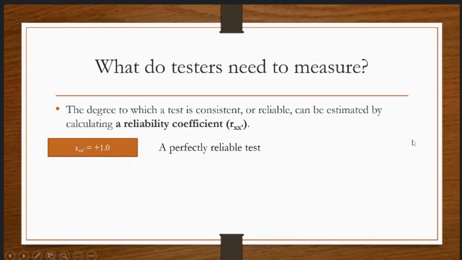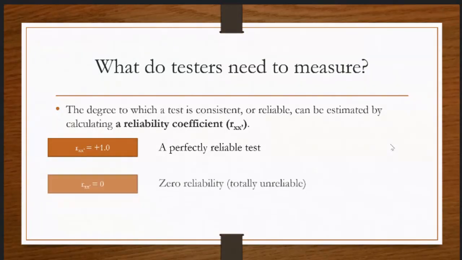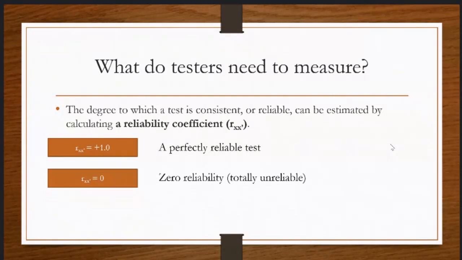When the number is calculated, we can read the result as: if it is equal to 1, it is a perfectly reliable test. If the R is 0, that means zero reliability, totally unreliable.